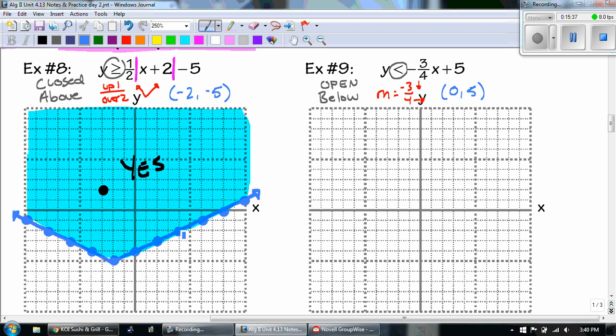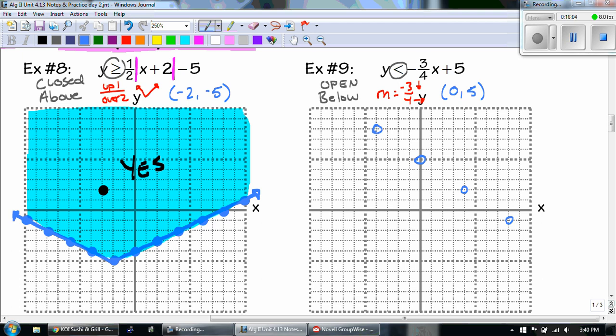It's telling me where I begin. So at 0, 5, on the y-intercept, the y-axis, that's where I start, and I go down 3/4, down 3/4, in both directions as many times as I can.